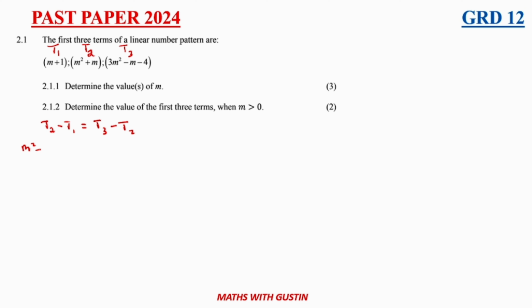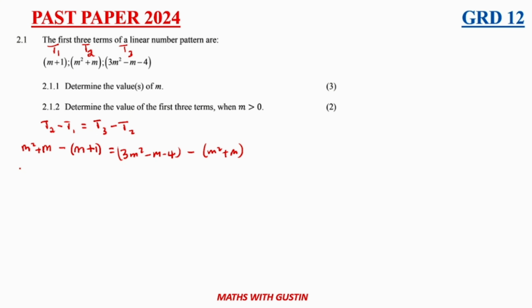M squared plus m is T2, minus (m plus 1), all in brackets, is equal to T3, which is (3m squared minus m minus 4), all in brackets, minus (m squared plus m).